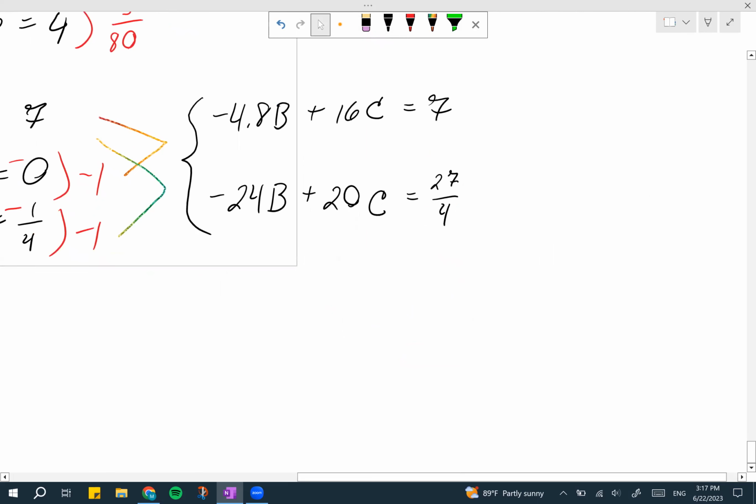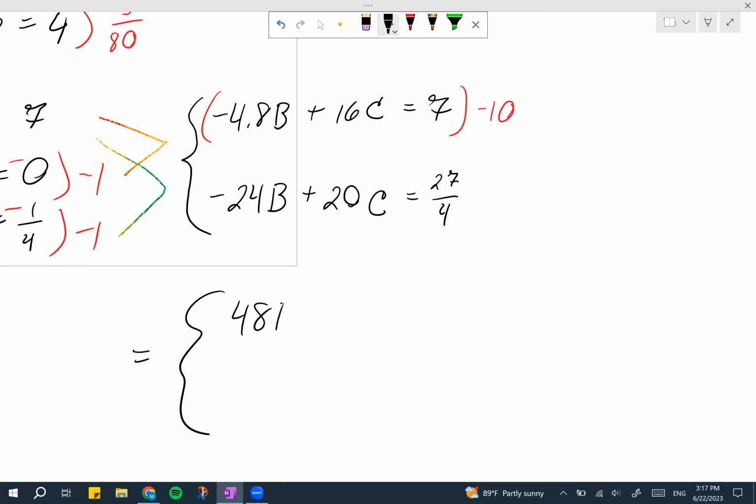I'm going to multiply this top equation by negative 20. Wait. Negative. I'm going to multiply it by negative 10 first. And whenever I do that, I'm going to get 48b plus 160c equals negative 70.